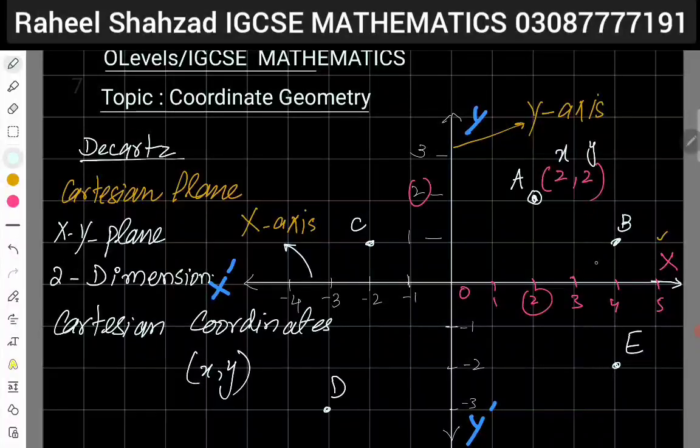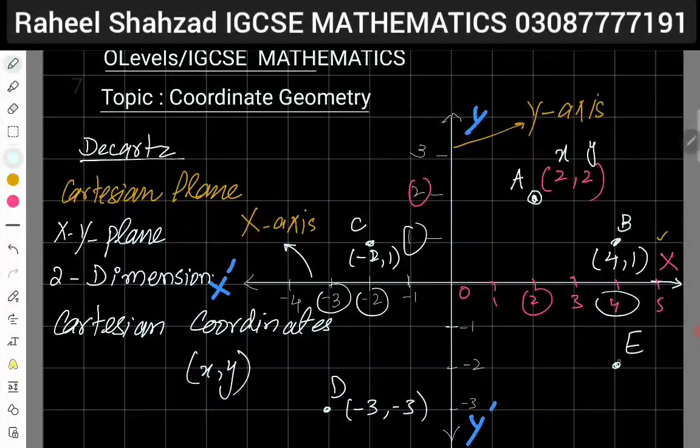Similarly, point B is 4 on the x-axis and 1 on y, so this point is (4, 1). C is (-2, 1), and point D is x is -3 and y is also -3, and point E is (4, -2).